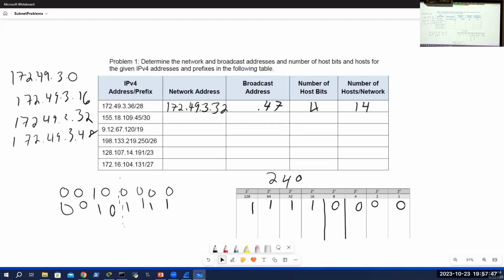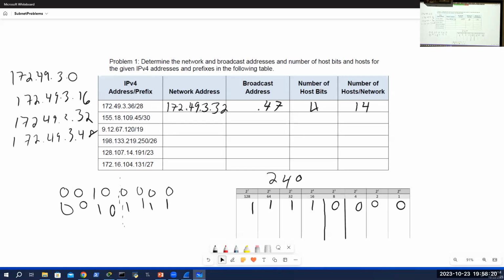I need 62 IP addresses per subnet. How many host bits? Yes, 6. That's one of the types of questions that you might get. Or, if you have 6 host bits, how many hosts per network? You've got to do 2 to the 6 minus 2, which will give you 62. 2 to the 6 is 64, but you always have to subtract the network and the broadcast.